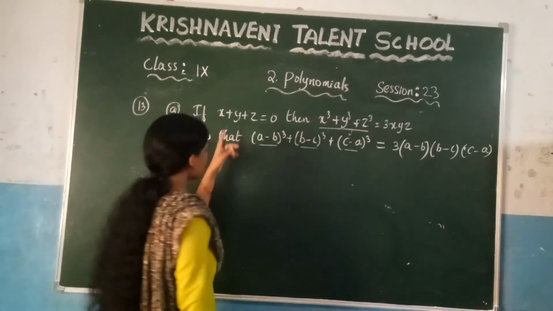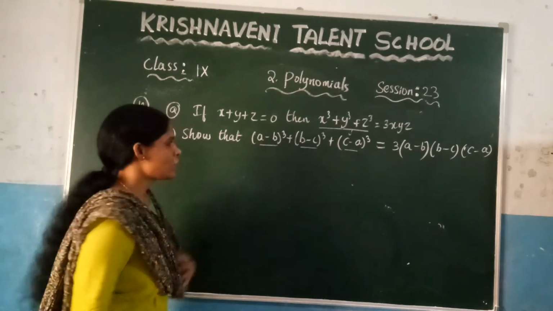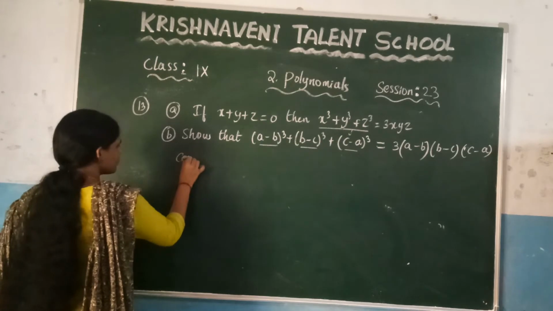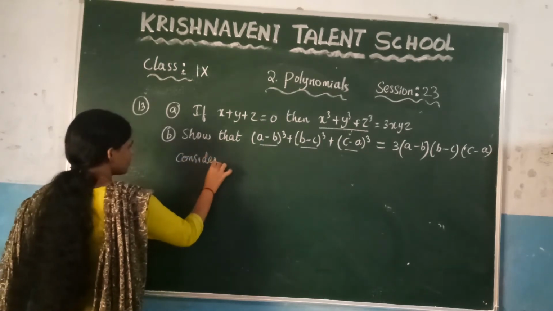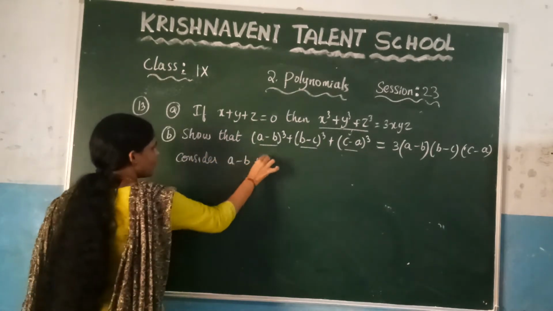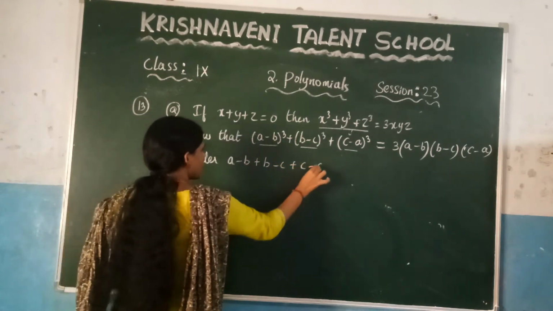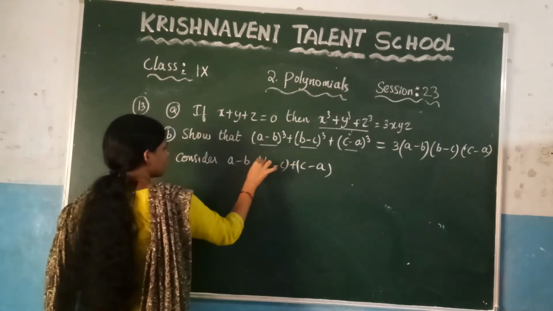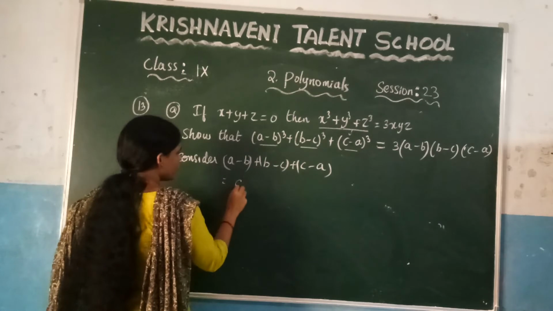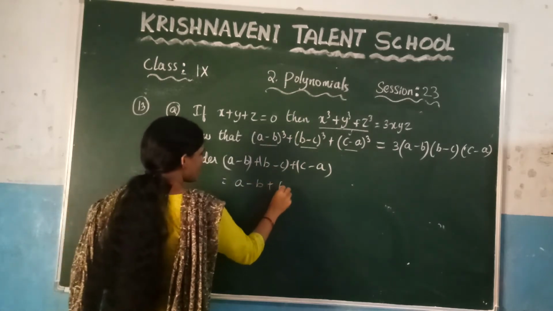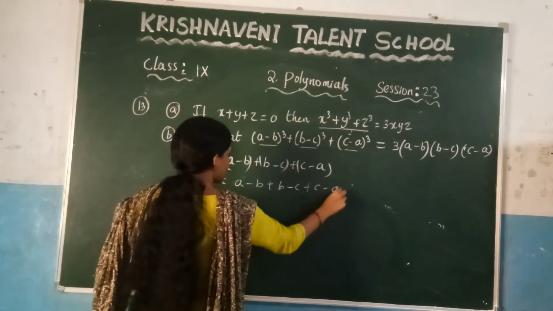Just you need to check the value of x plus y plus z. So here consider a minus b plus b minus c plus c minus a. And we know that we can write this one as a minus b plus b minus c plus c minus a.